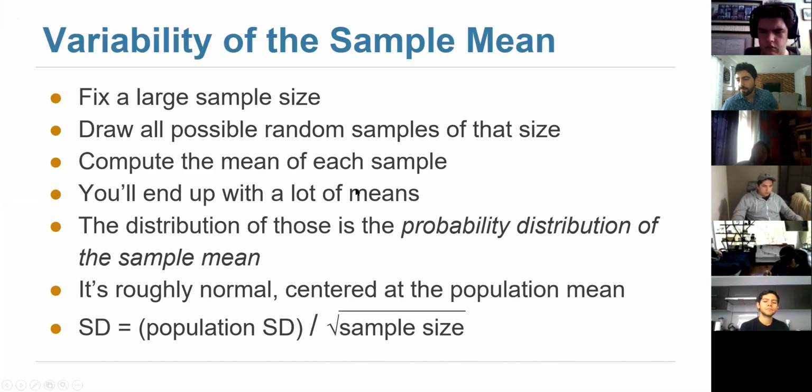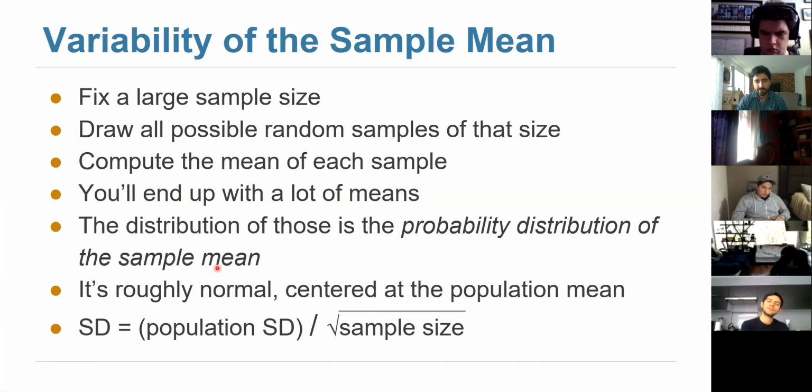But what we saw is that the standard deviation of those distributions is changing relative to the size of my samples. So it ends up that we can have this equation. The standard deviation of my probability distribution is my population standard deviation divided by the square root of my sample size.